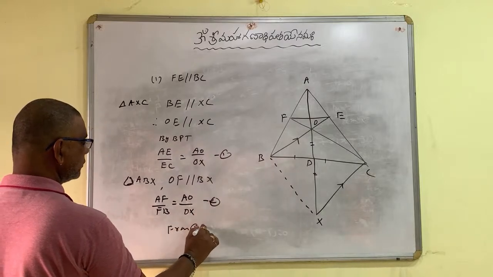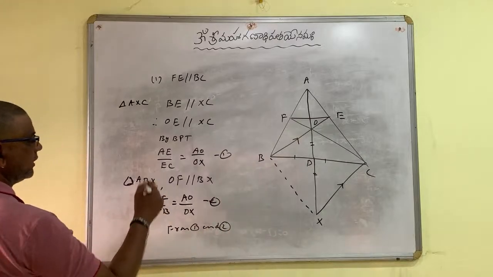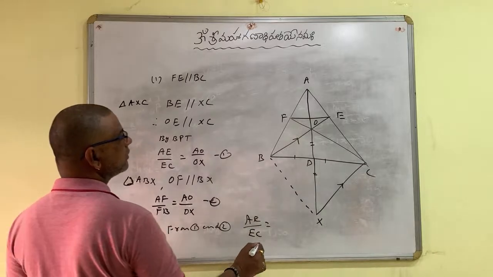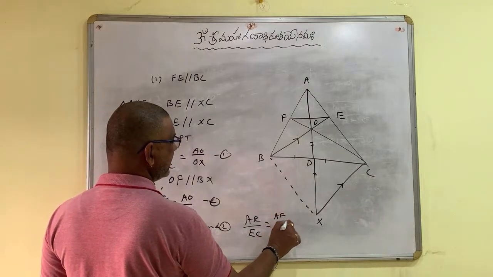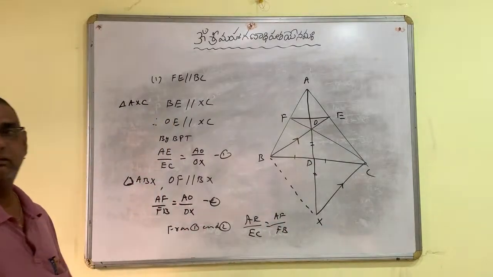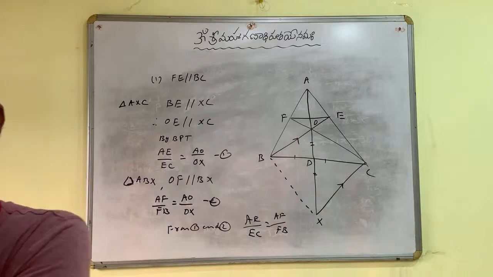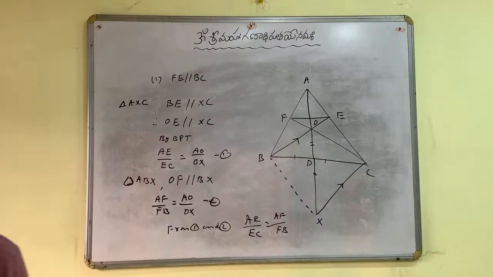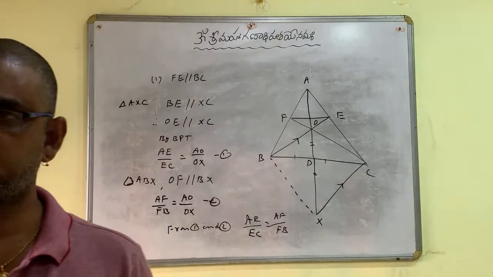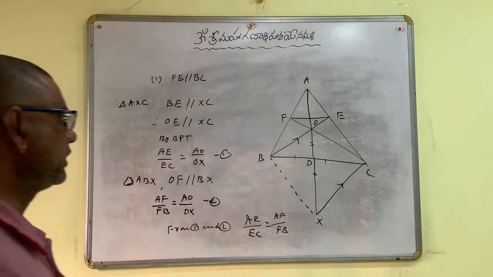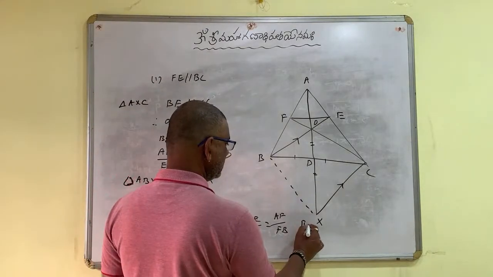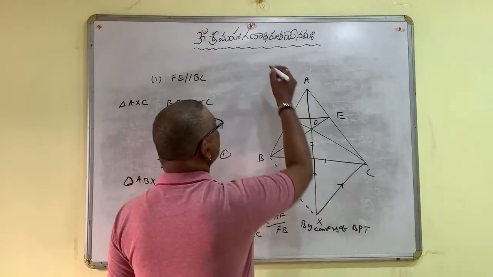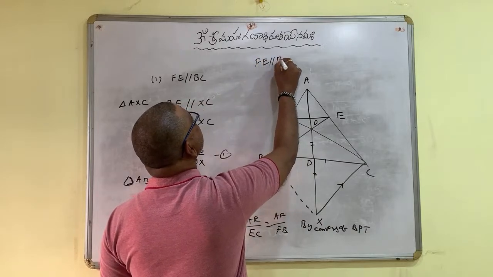From 1 and 2, AE by EC is equal to AF by FB. So, by converse of basic proportionality theorem, FE parallel to BC. That's all.